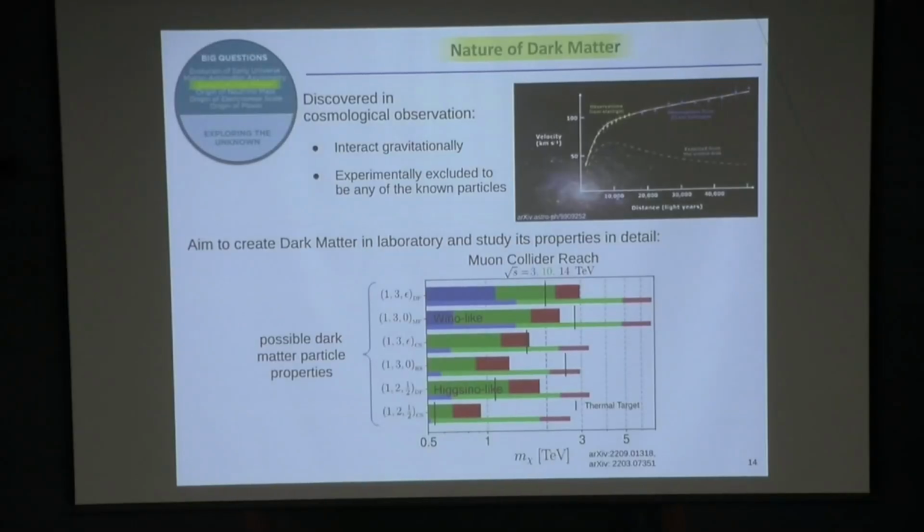The black lines show a prediction for the mass of this particle that is compatible with what we observe from cosmology. And so a Muon collider of about 10 TeV scale is able to probe essentially all the reasonable assumptions if a dark matter particle is indeed weakly interacting, which is one of the leading hypotheses.